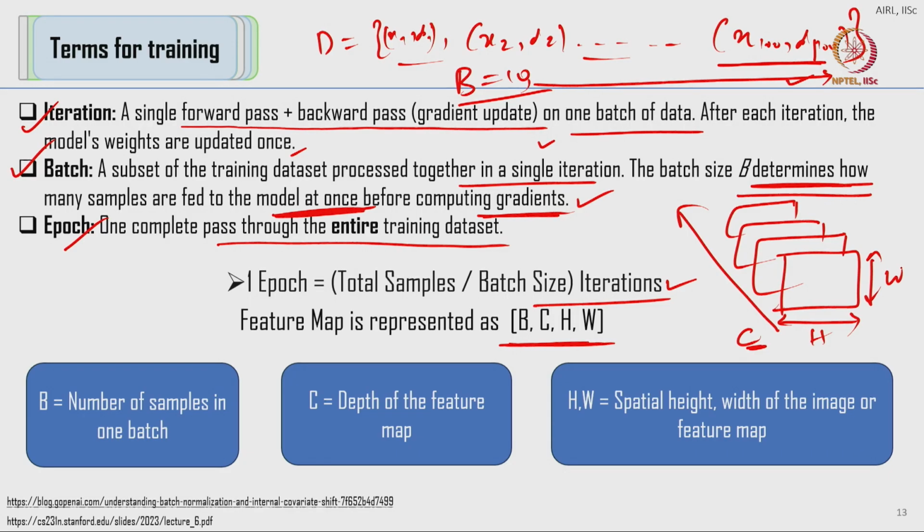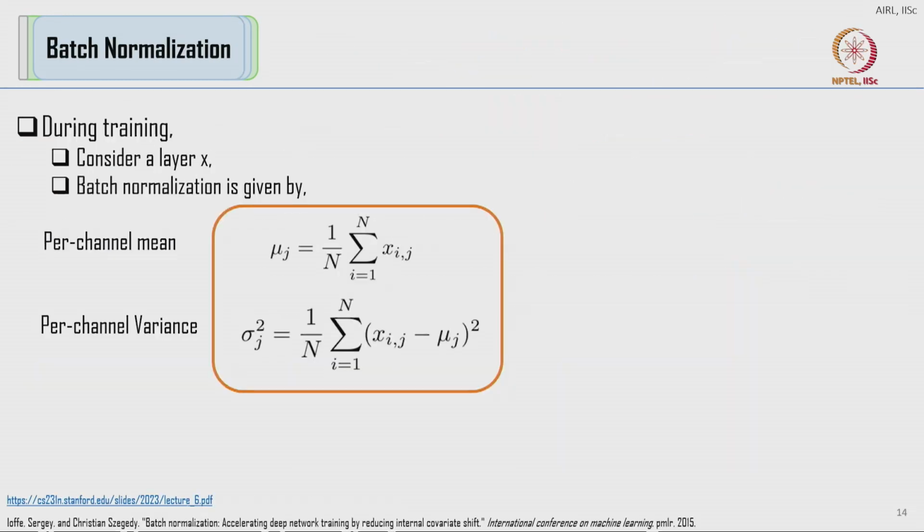Batch size is what we defined earlier, the batch of samples passed to the model. So B is the number of samples in one batch, C is the depth, and height and width are the spatial height and width. Height, width and channels are something we would have seen in the CNN lecture. The batch is what we define when passing it to the model for each iteration.